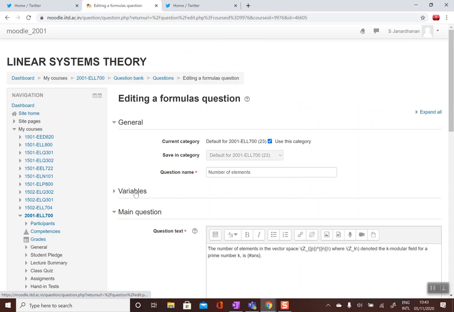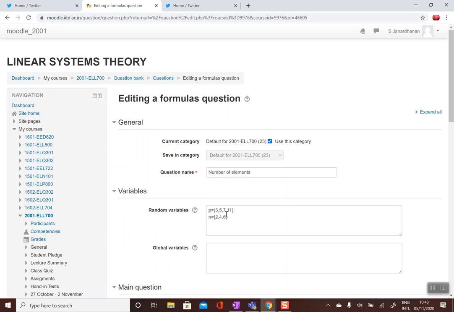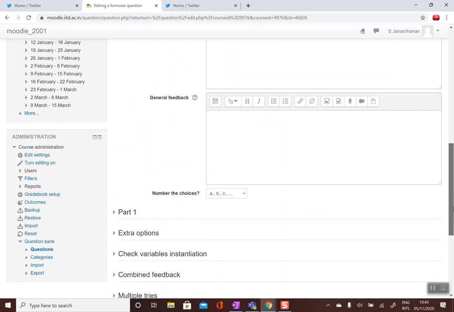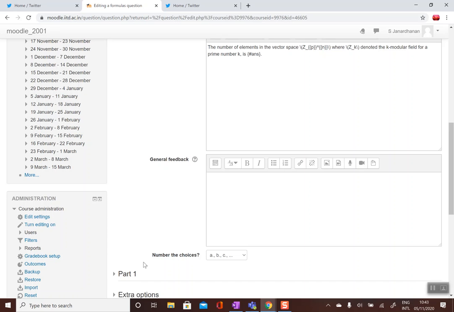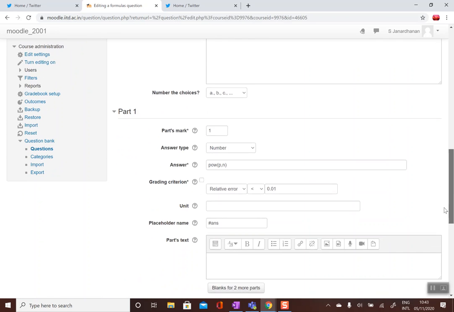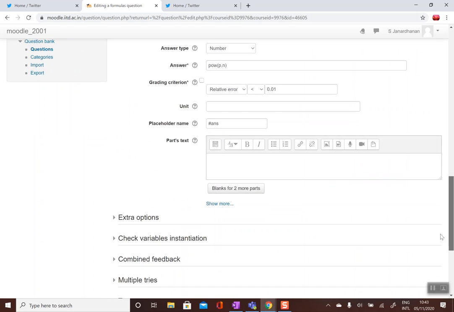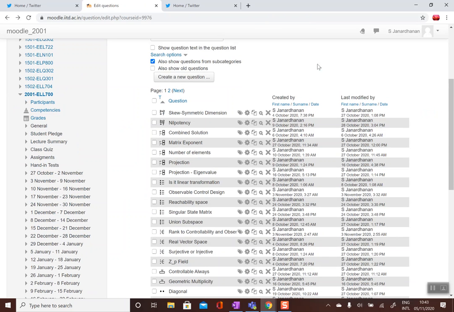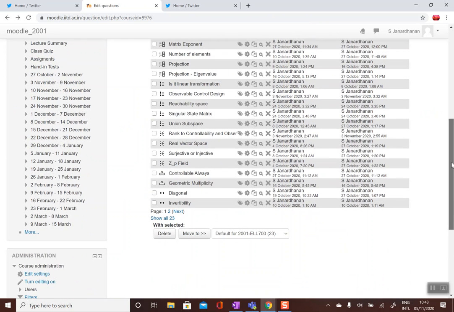In this question, you would see that there are two variables. Each of them can take any of those values. And again, the answer is dependent upon both of those variables. Okay, so I suppose with this you can get some idea of how the test can be formulated.